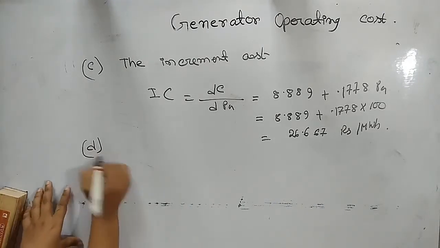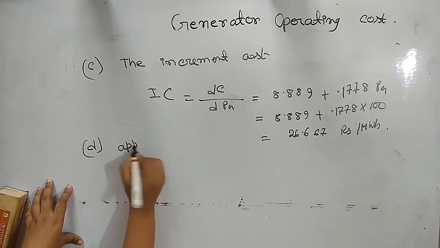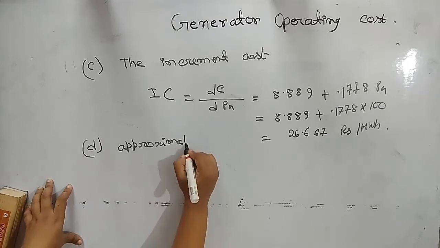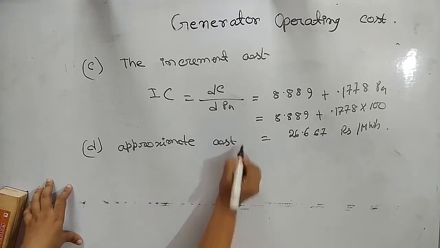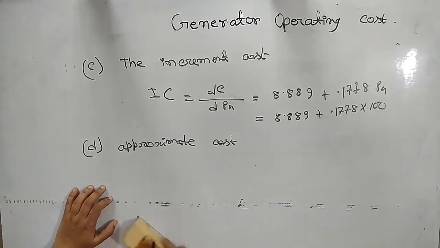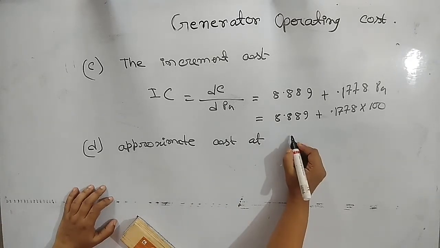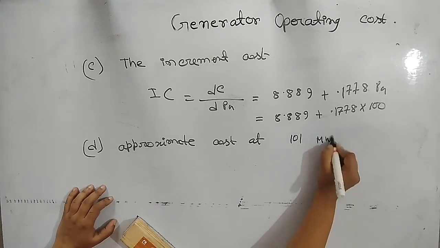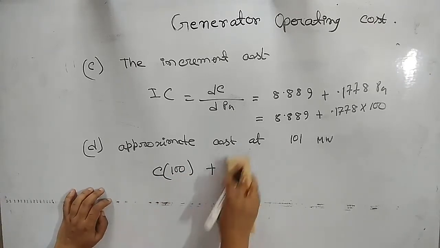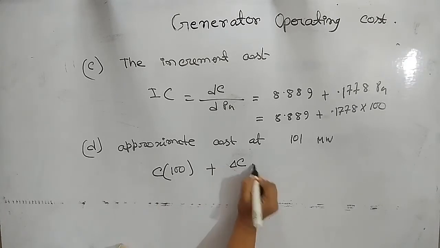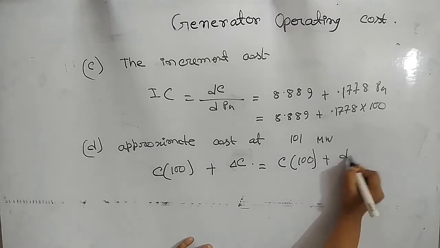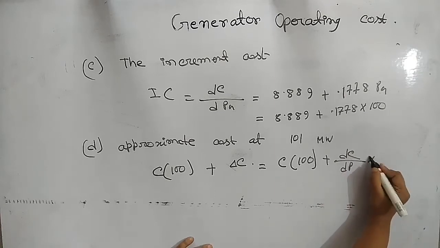Now, approximate cost at 101 megawatt: C100 plus delta C, which is equal to C100 plus DC by DPG into delta PG.